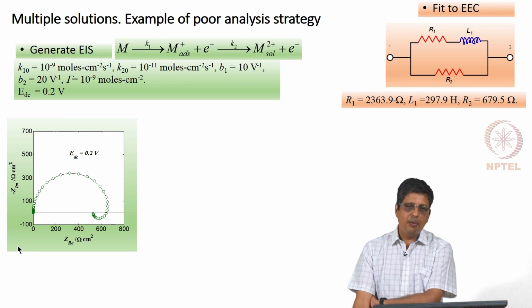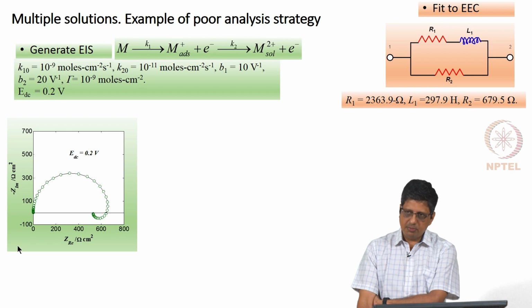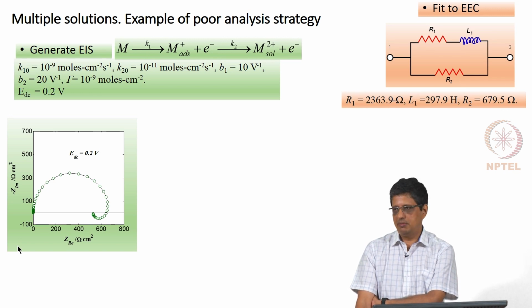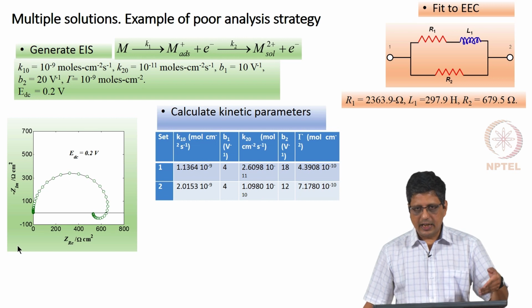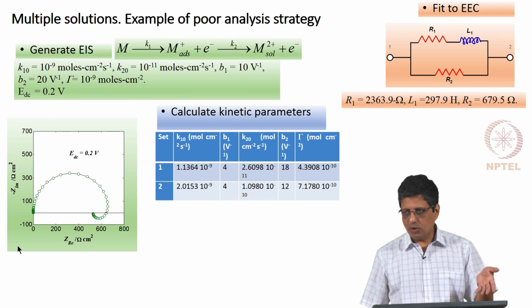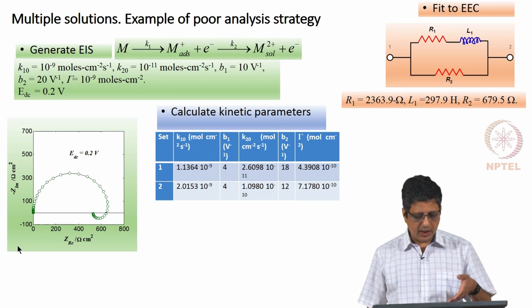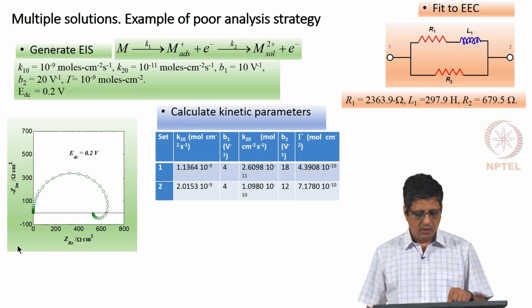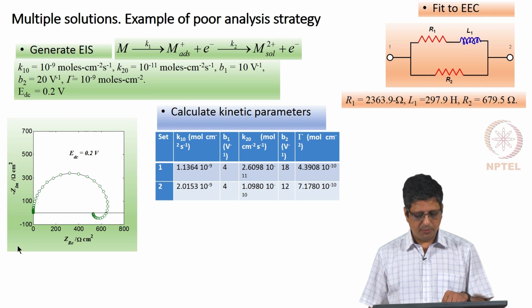Now, if I model this one spectrum using the kinetic expression, I can get an infinite number of solutions. Obviously, the kinetic parameters I have used to generate it are one possible solution. In addition, I have shown 2 examples, but I can get many more where you can verify that if I take these kinetic parameters K10, corresponding B1, K20, B2 and gamma, I have in fact fixed B1.